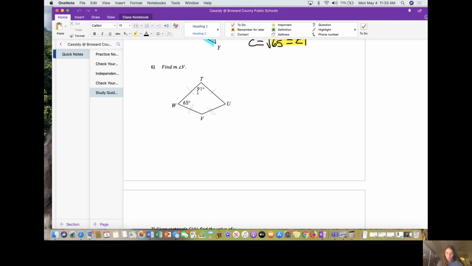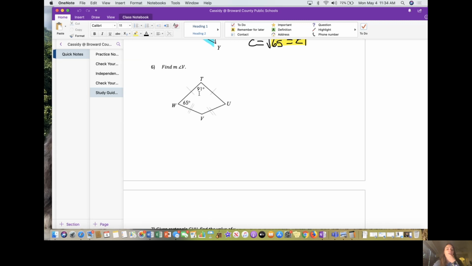In a kite, remember that the opposite angles, the angles in between the congruent sides, are going to be congruent. So if angle W is 65, we also know that angle U has to be 65. It's the ones that are across from each other this way.